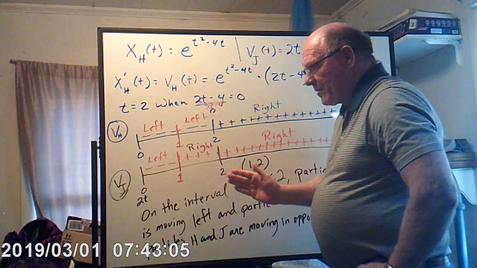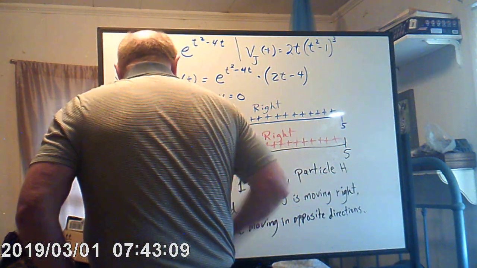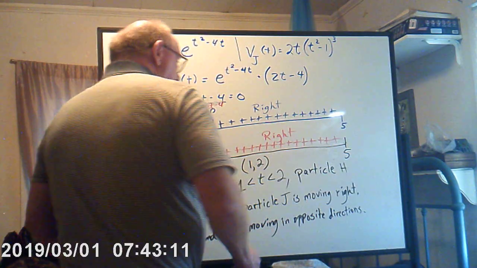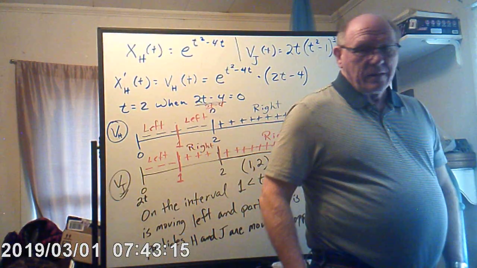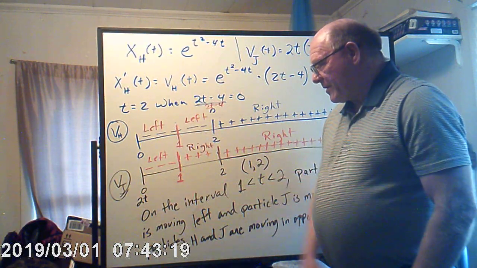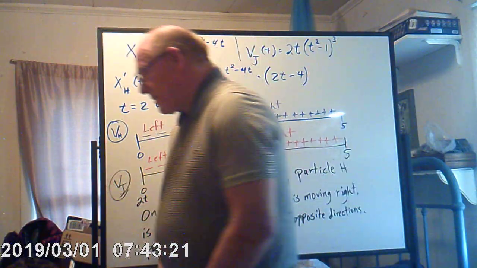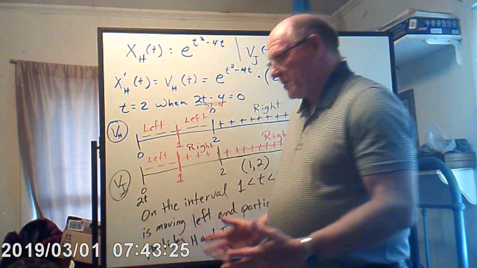See, this one is moving to the left, stops after t is equal to 2 seconds or whatever, minutes. Now it's moving to the right. This one here is moving to the left after 1 second.